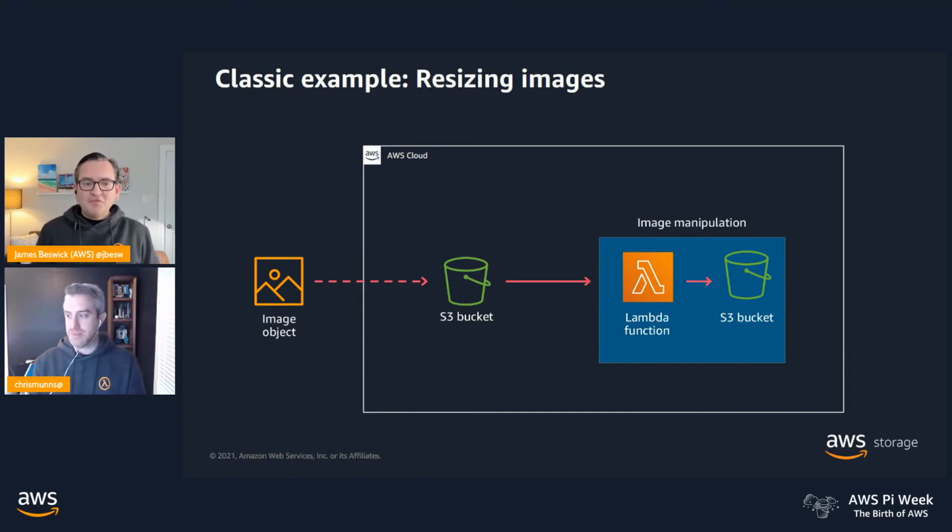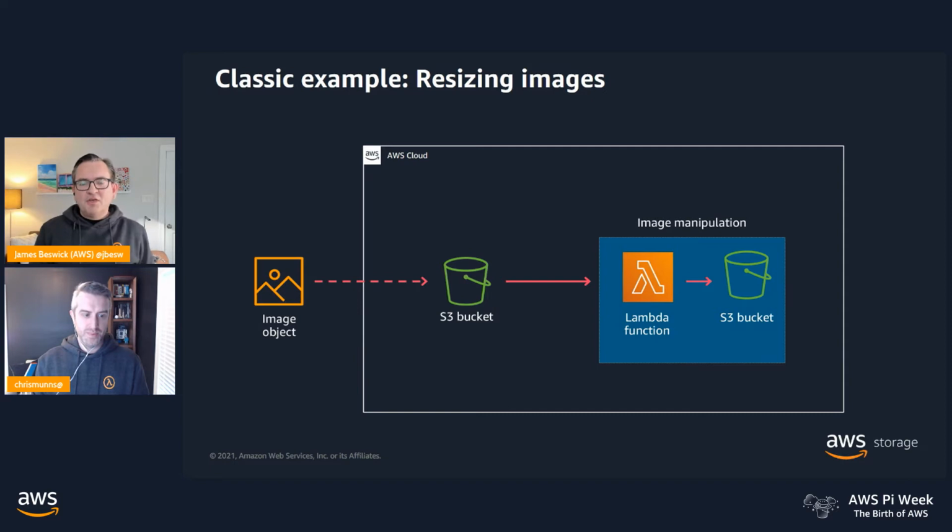Yeah. And if you've worked with Lambda in any way, you might have come across this example. This is really the canonical example of how S3 and Lambda work together. It's to do with image resizing. And we have lots of customers using this in media companies and gaming companies. The very simple way this works is that you have an S3 bucket that contains all of these images. And this could be hundreds of millions of different objects.